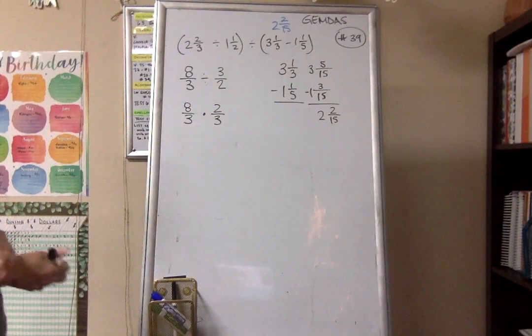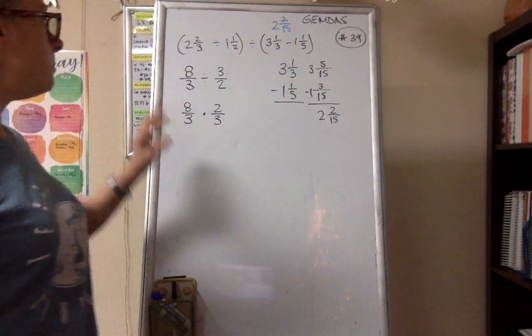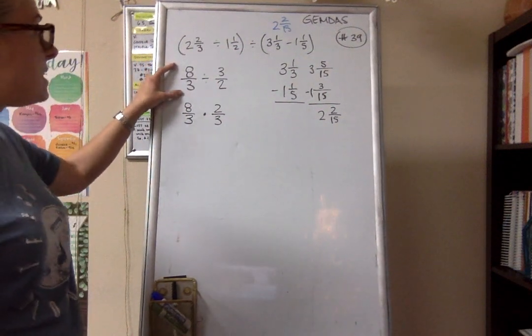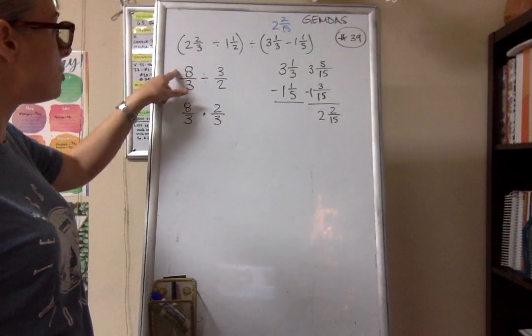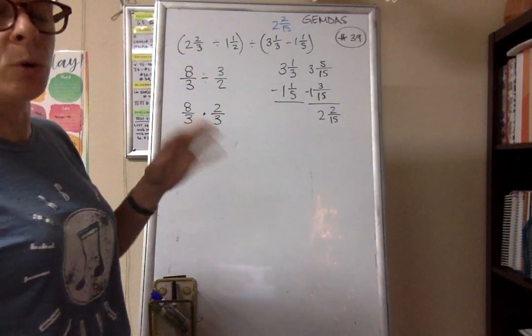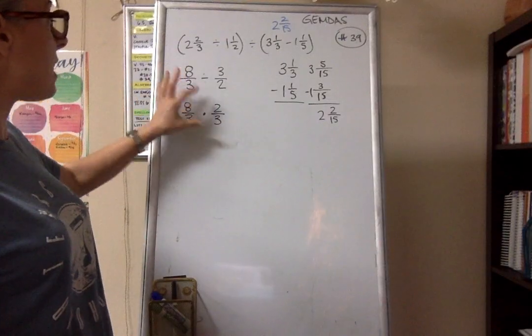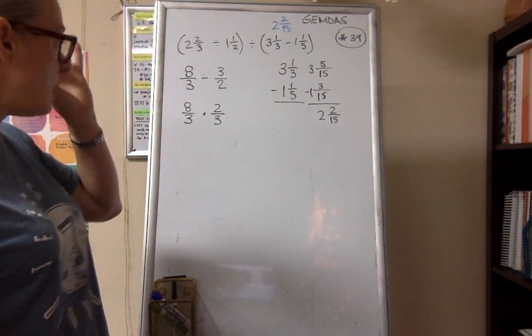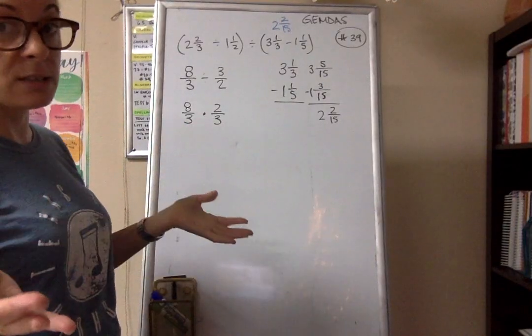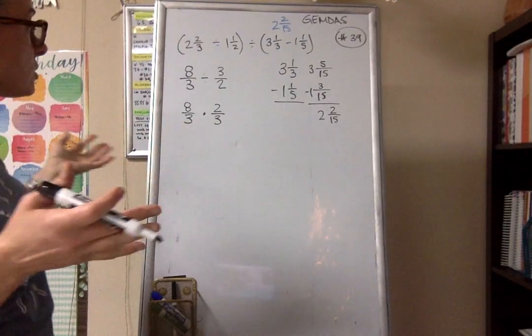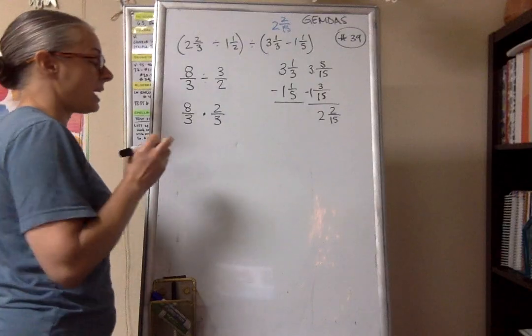All right? Now sometimes we second guess ourselves because in this problem here, we see that there's some cancellation we can do. We can cancel the 3 and the 3 and the 2 and the 8, but we'll be getting a step ahead of ourselves. We've got to flip that second fraction before we try to cancel. And once we flip it, we can see cancellation's not an option now. There's nothing that can be canceled.